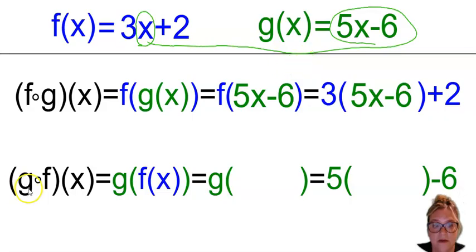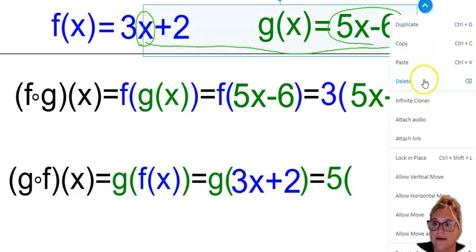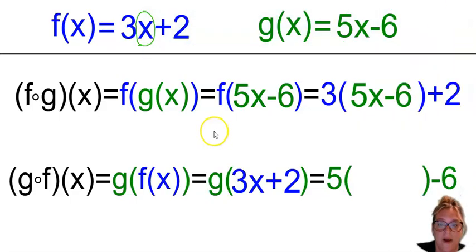Okay, now if I wanted to compose g with f of x, that's g of f of x. So this time I'm taking the function f of x and I'm putting it in for the x in g of x. That means now that I'm taking this the other way.